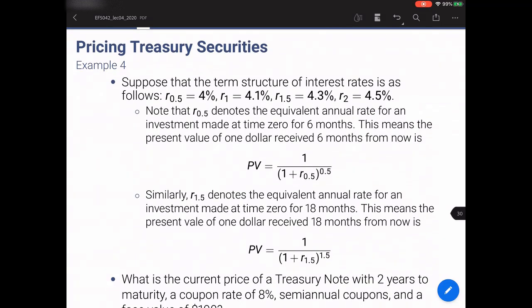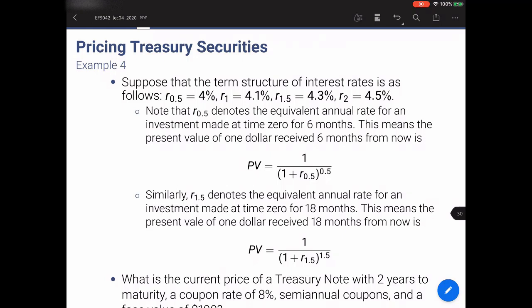All right, so how do we go about pricing Treasury securities? As long as we have a term structure, we can use the discount rates associated to the term structure to value securities that pay riskless cash flows. So in this example on slide 30, suppose we have a term structure of interest rates of the following.